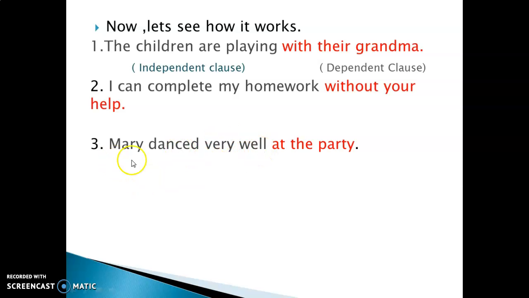It is an independent clause. At the party is another half of the sentence, which is a dependent clause. On its own, it won't make sense. But when we put all the words together, it will make more sense. Mary danced very well at the party.